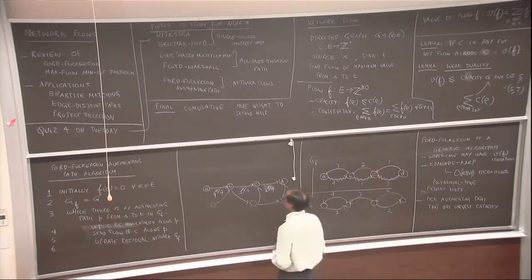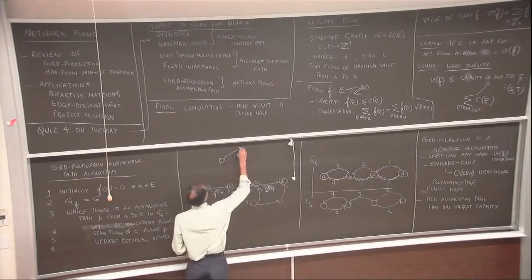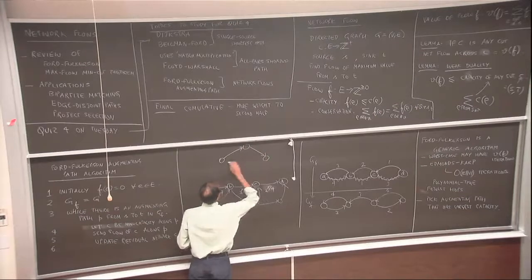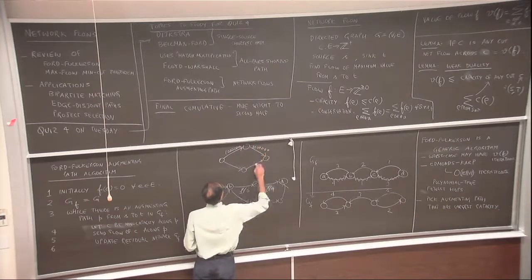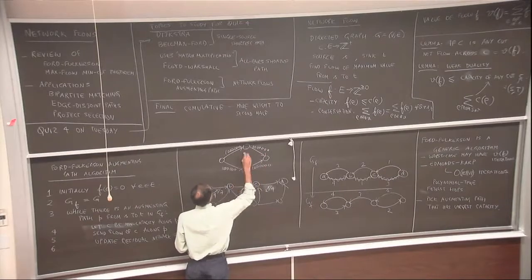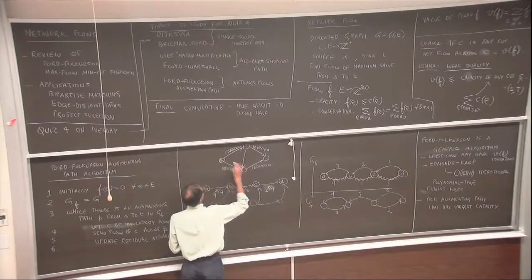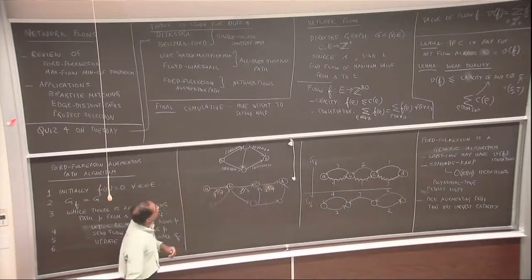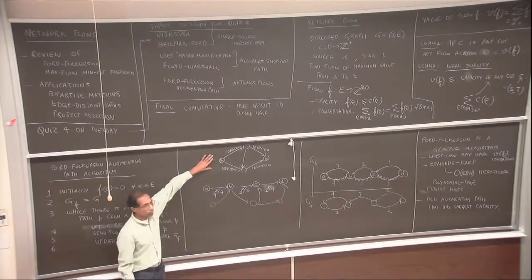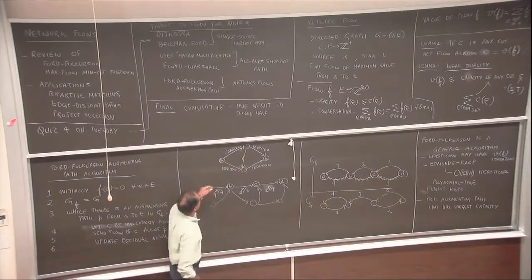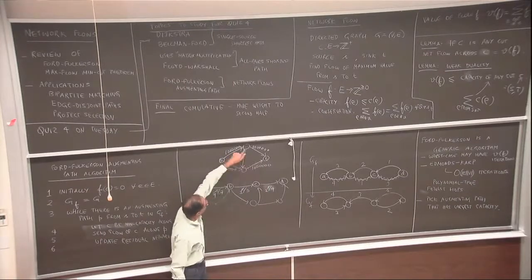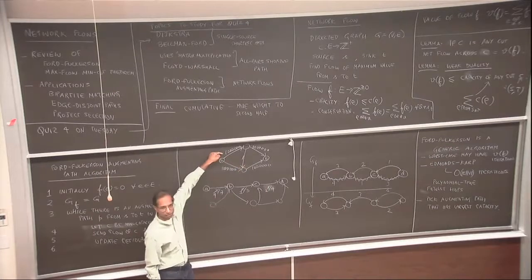Certainly you can see that on that particular example we had constructed, where all of these had 1 million capacity, if you were to do the generic Ford-Fulkerson algorithm, you might mistakenly take this path, and then this path, and you go on for 2 million iterations.